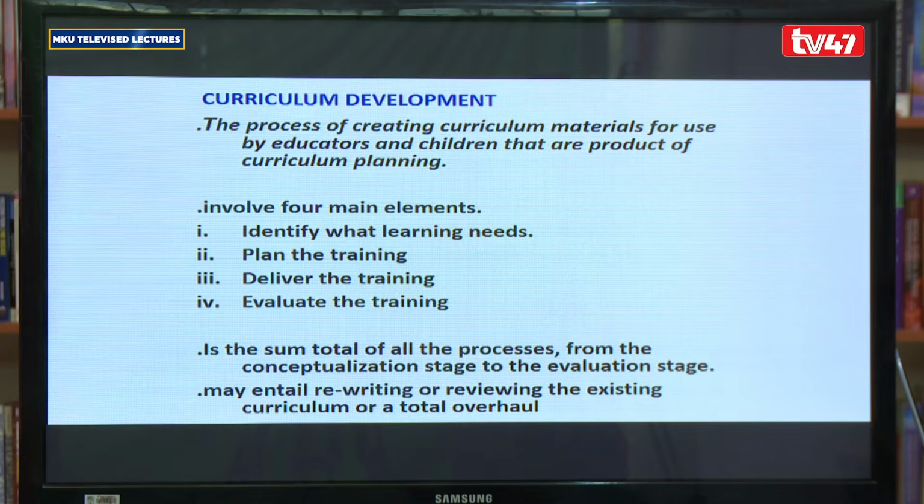In other words, curriculum development is a sum total of all the processes from the conceptualization stage of the idea to the evaluation stage of that particular concept.